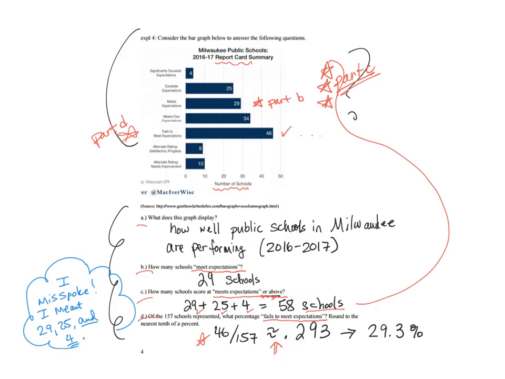And then the next thing I want to say is that it says round to the nearest tenth of a percent. That tells you two things. Number one, they want a percent sign in the answer. And number two, if I'm going to round to the nearest tenth of a percent, what that means is that I need a whole number and then a point and then a decimal.